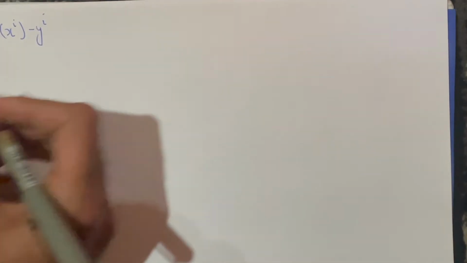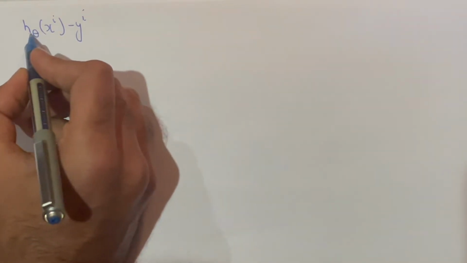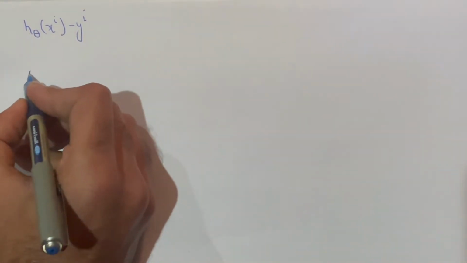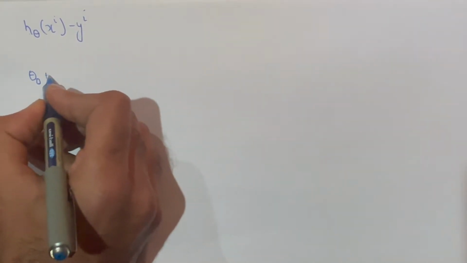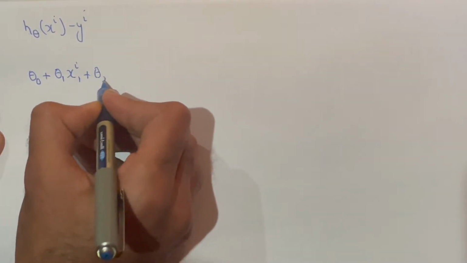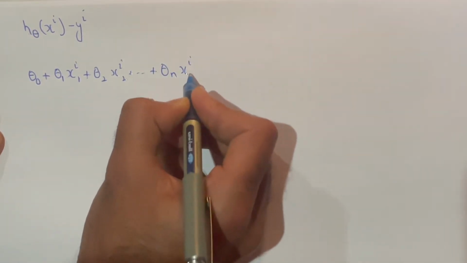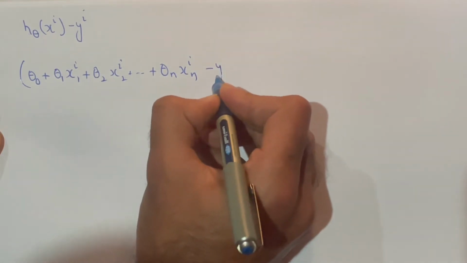We can write it in this particular format. So let's first see what is this h of theta x i minus y i. It is basically h of theta x i will be theta 0 plus theta 1 x i 1 plus theta 2 x i 2 plus up to theta n x i n, minus y i.